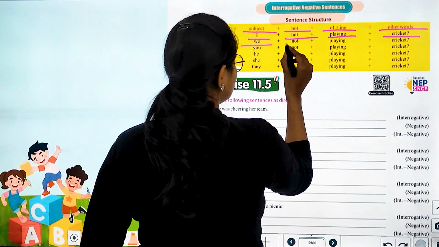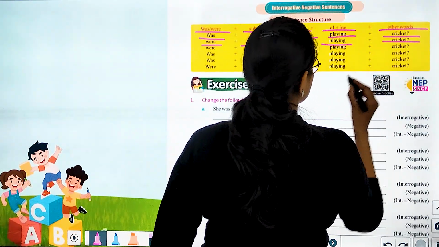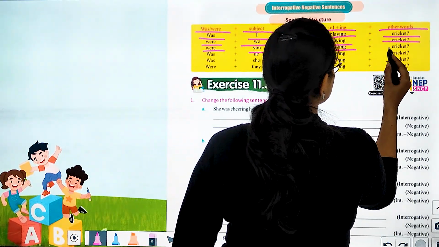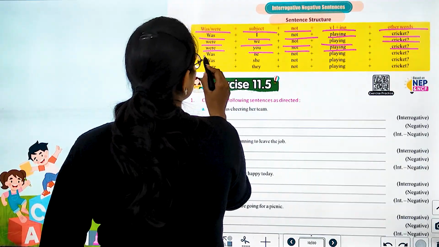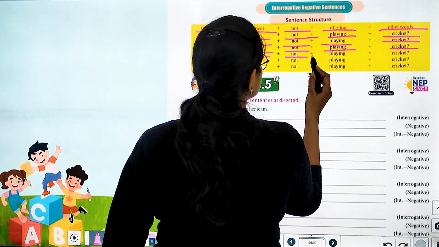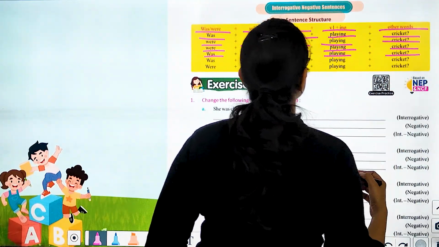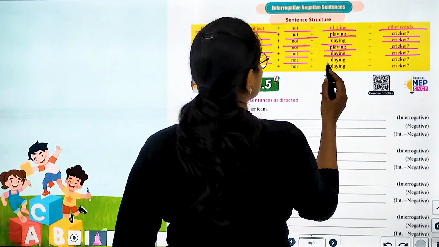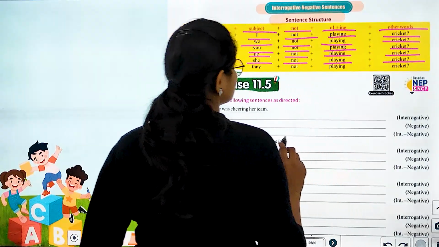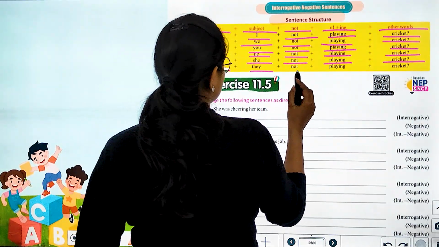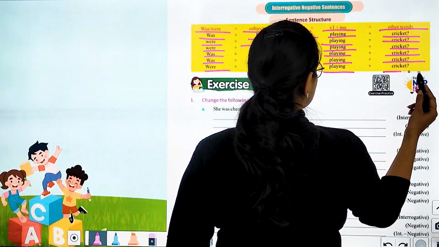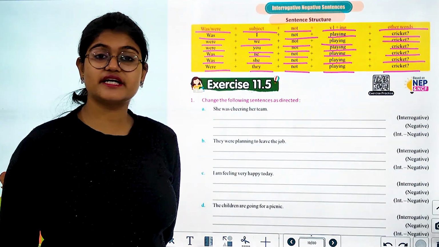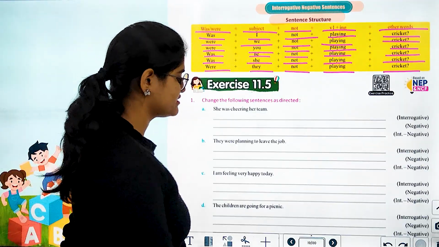Were we not playing cricket? Were you not playing cricket? Was he not playing cricket? Was she not playing cricket? Were they not playing cricket? Right? So these were the formations of the negative interrogative sentences.